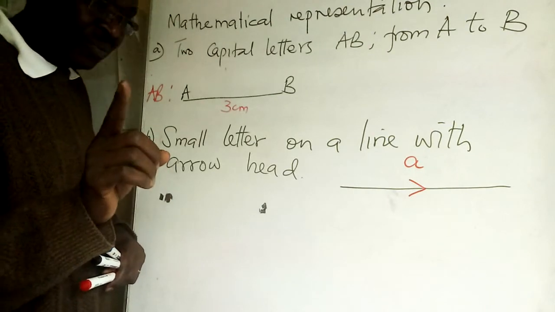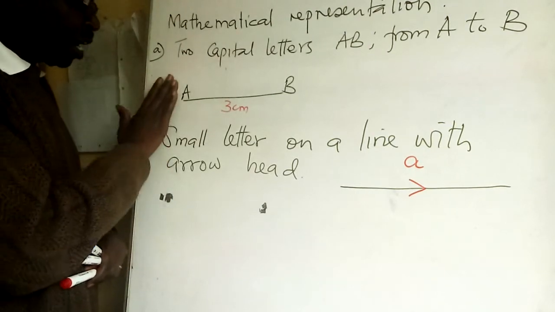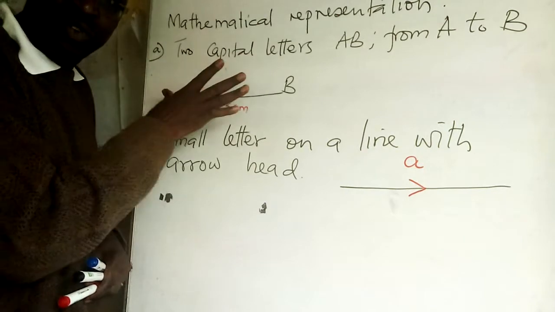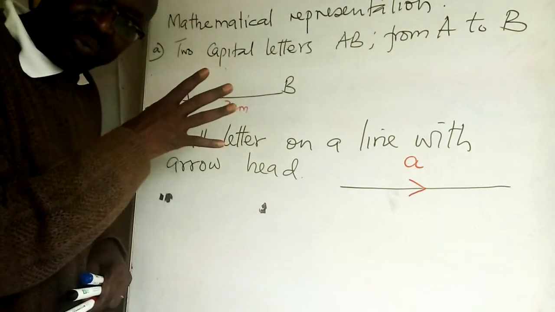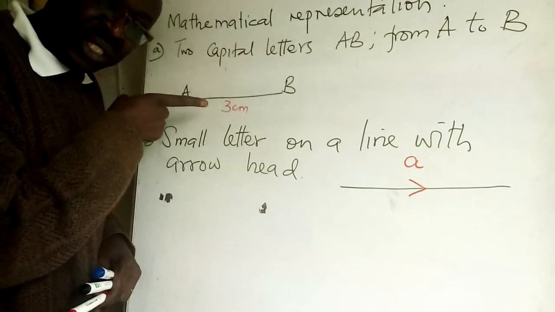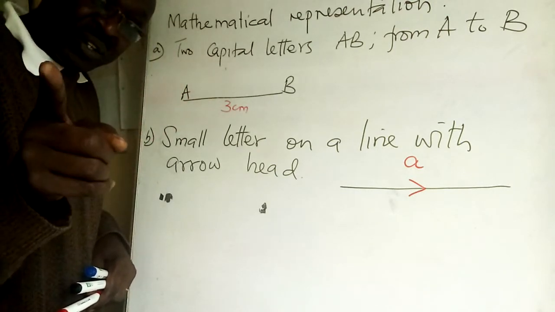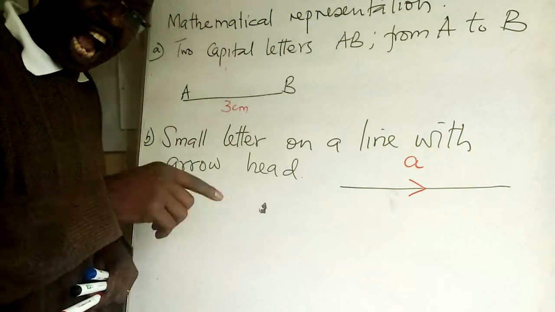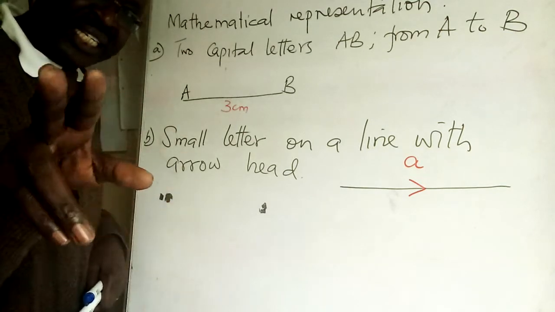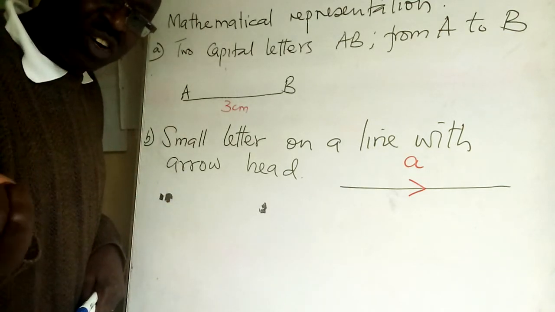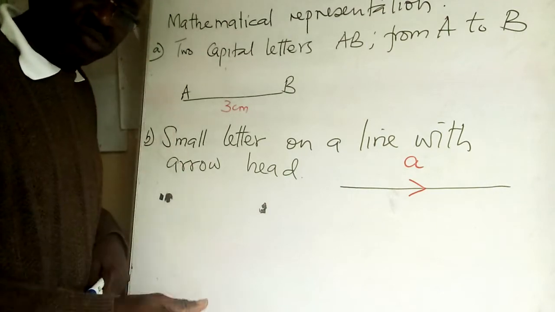Get it right, okay? So if I don't give you any letters and I've drawn this line segment, the way it is, you cannot say it is a vector. It is lacking the second component of direction.